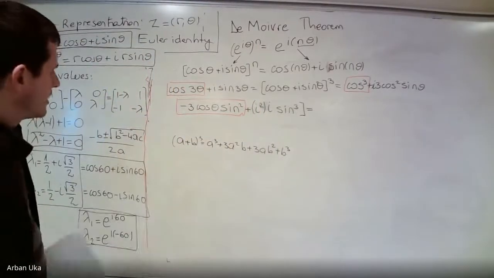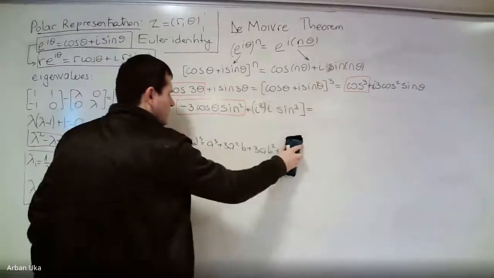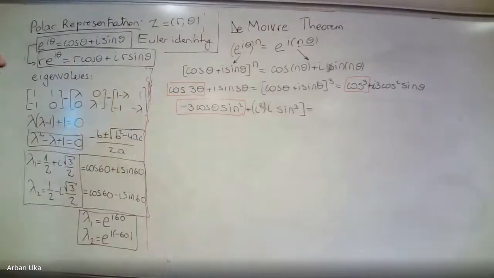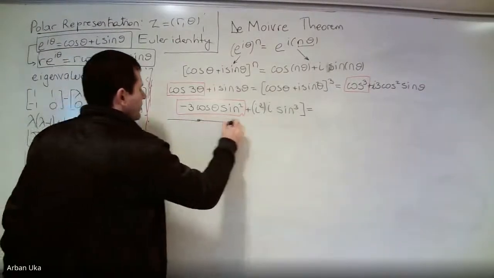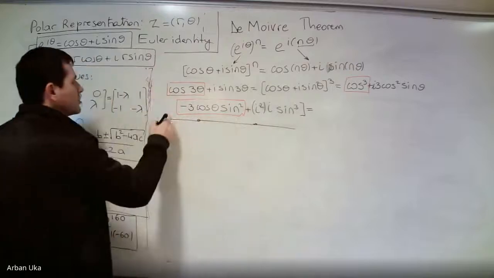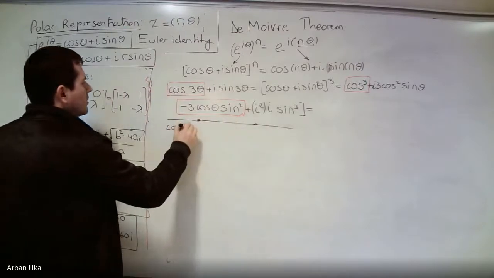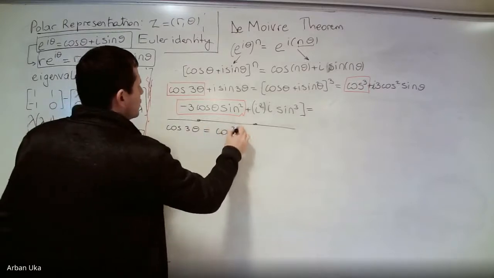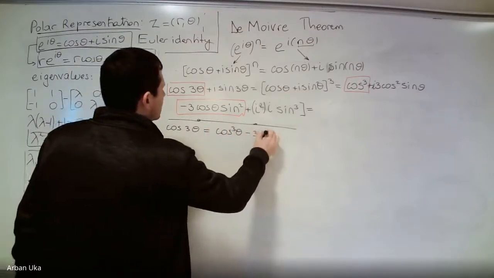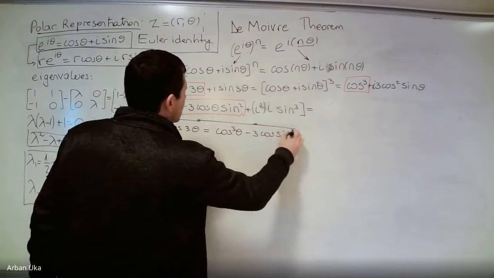So we can find that cosine 3 theta is equal to cosine cubed theta minus 3 cosine sine squared.